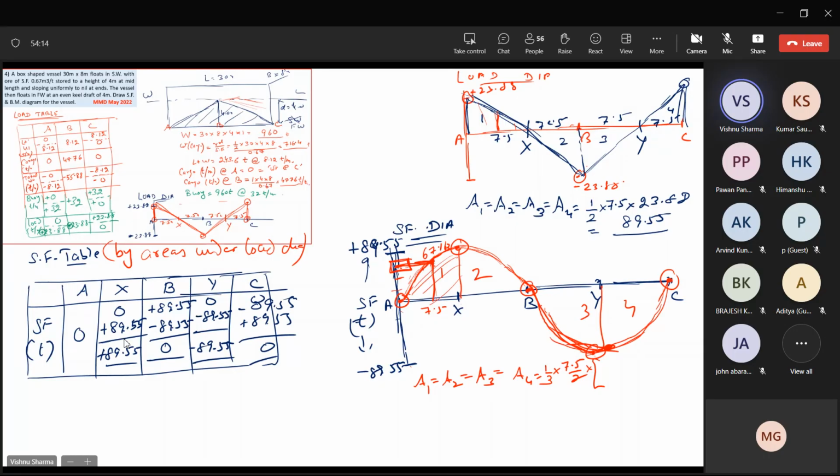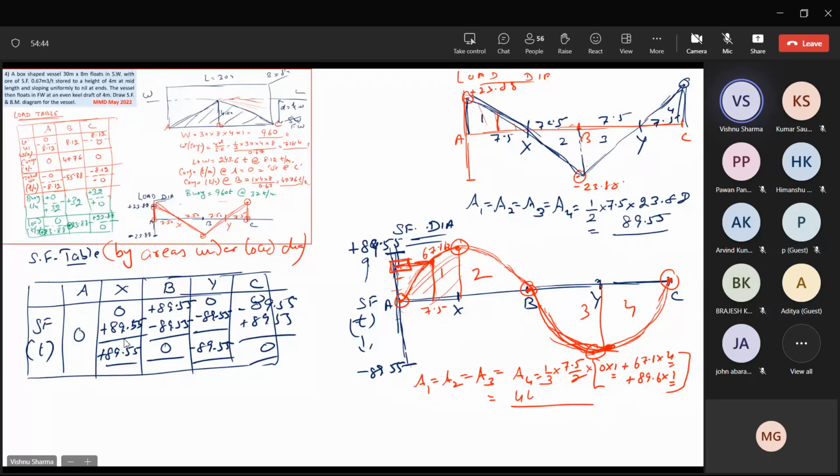First ordinate is 0, so 0 into 1, plus second ordinate 67.1 into 4, plus third ordinate 89.6 into 1. Can you get this area, how much it comes to, beta? And tell me what is the area, so that using those areas, we'll keep repeating and we'll make the BM table.